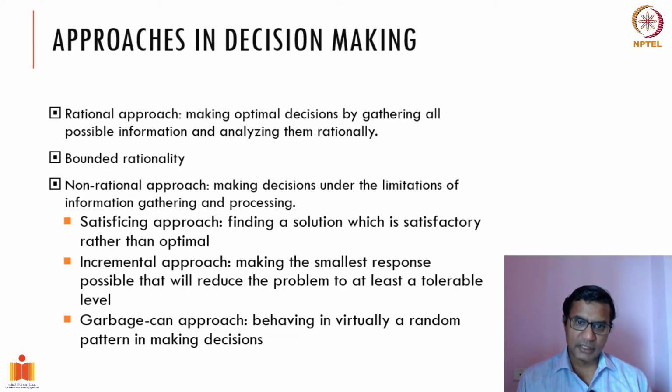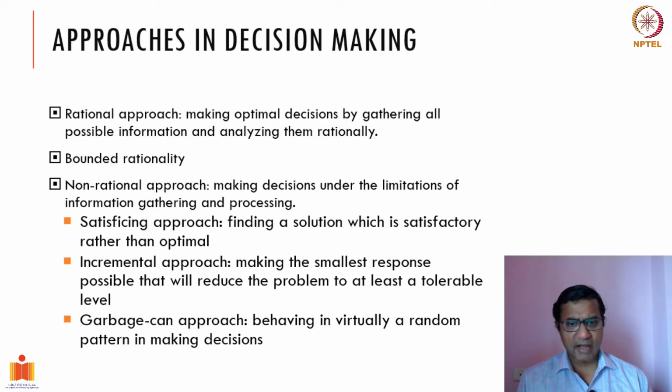Assuming you collect all the information, analyzing it becomes a problem. Analyzing in terms of giving weightage: which information should have more weightage? Even if you know a certain algorithm to give weightage, you may not be able to analyze all of it, because you may not have the right kind of technology or the statistical tool or analysis tool to do the analysis.